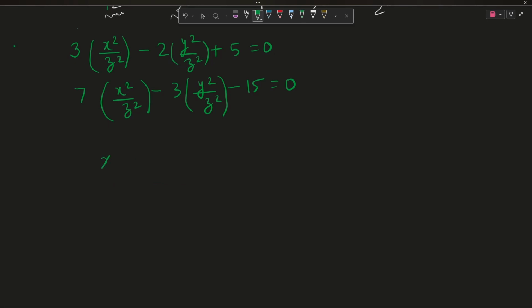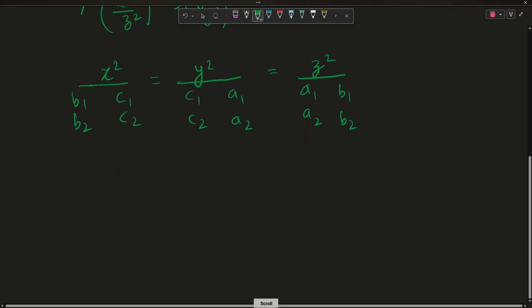The formula states x square upon b1 b2 c1 c2 is equal to y square upon c1 c2 a1 a2 is equal to z square upon a1 a2 b1 b2.